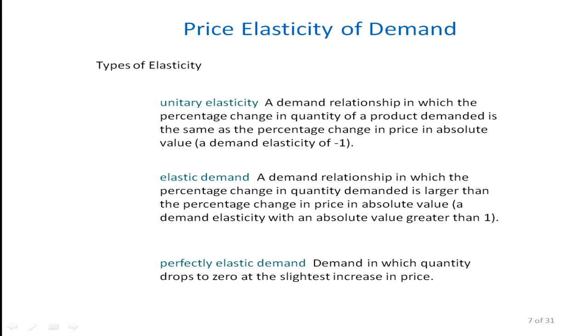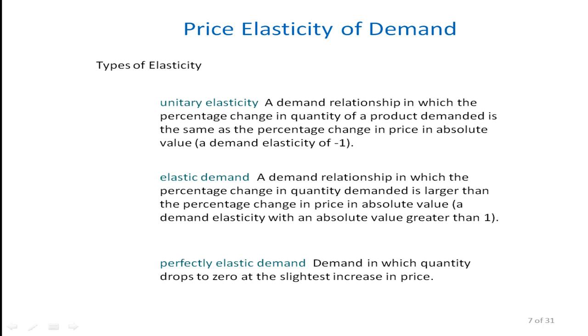Elastic demand is the case in which the percentage change in quantity demanded is larger than the percentage change in price in absolute value terms. So this is the case where if price goes down by 10%, you might buy 12 or 13 or 15% more.